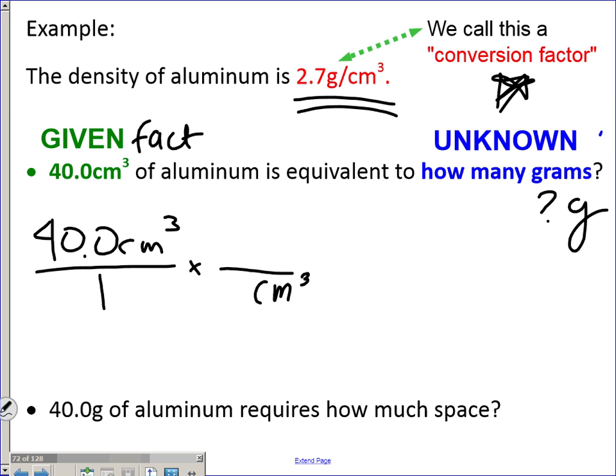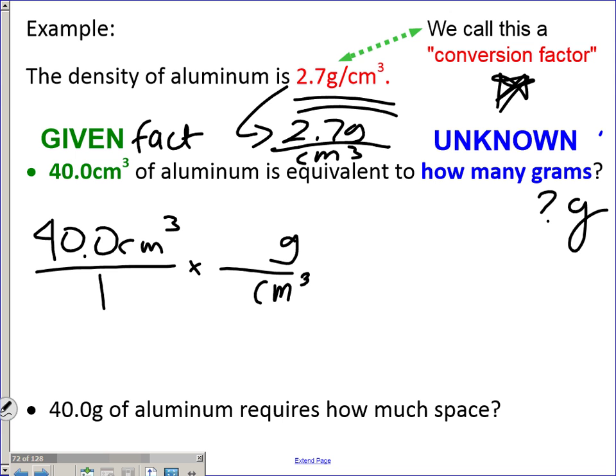Okay? So it has to be counter to each other, so one numerator and one denominator for it to be able to cancel. The grams are what I want. So if you want it, you need to put it on top so it doesn't cancel. So when I put this on top, you'll notice that this is grams per centimeter cubed, which happens to be exactly the way this is written, as 2.7 grams per centimeter cubed.